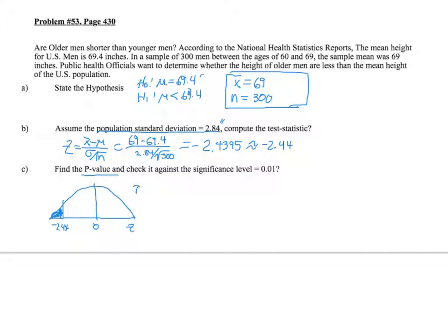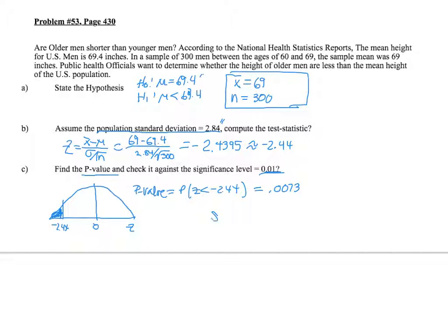So the p-value is equal to the probability that Z is less than negative 2.44. And in this case, we get 0.0073. And so now we're going to test it against that significance level.